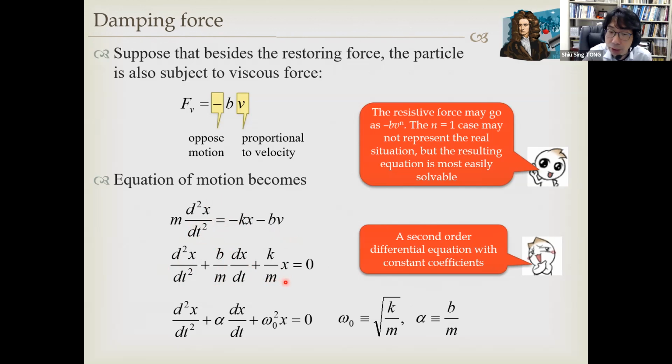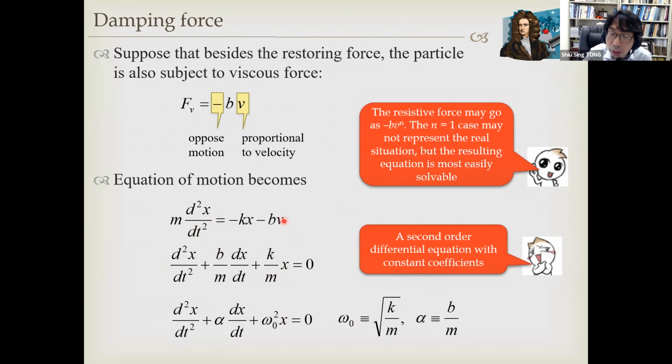That results in this equation. Similar to the simple harmonic motion, we define omega naught as the square root of k over m. So the constant in front of x is still omega naught squared. This time it still remains the same. Okay, but we have a new term.